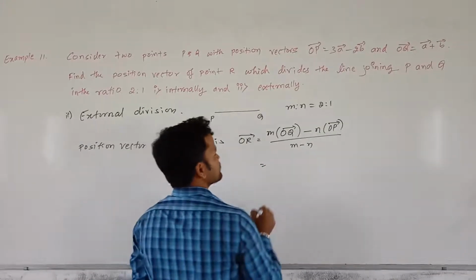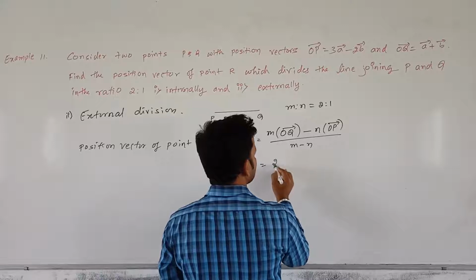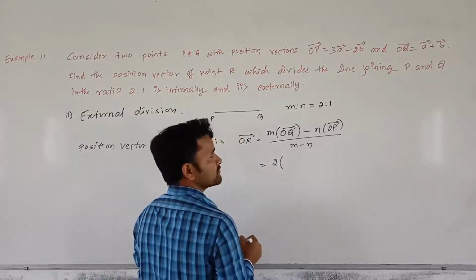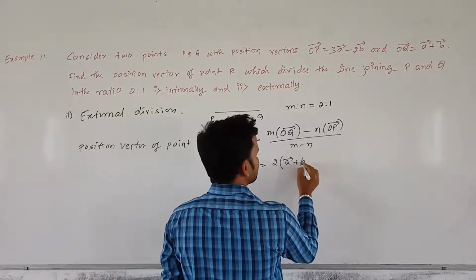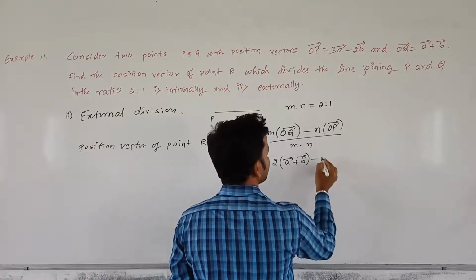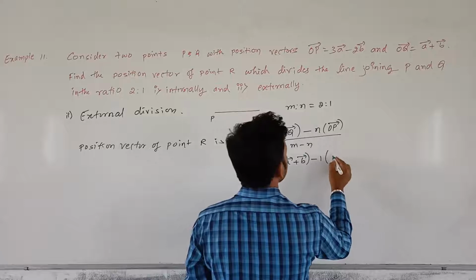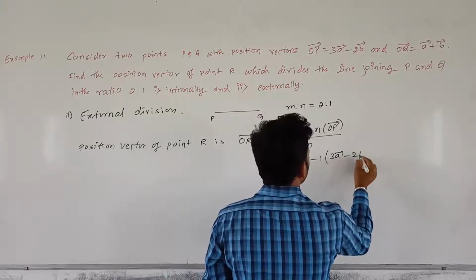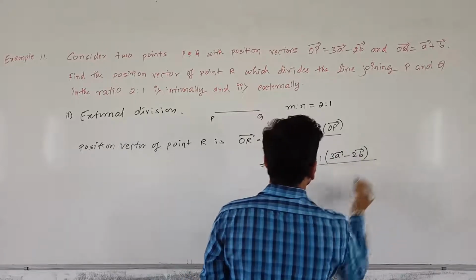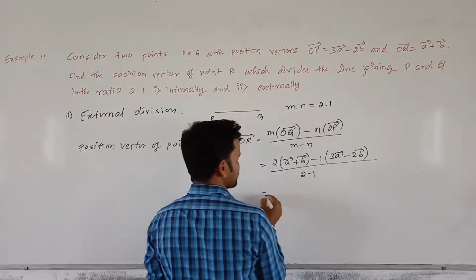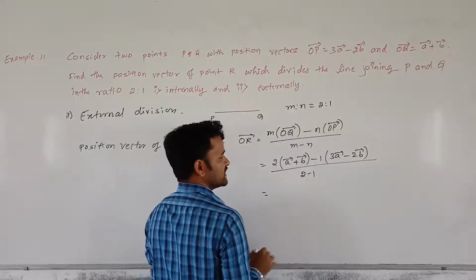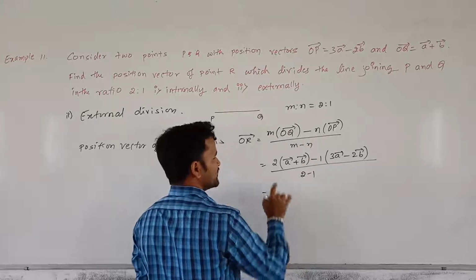Okay, now you substitute all this. m means 2 into position vector of second point, that is OQ, vector A plus vector B, minus n is 1 into OP, 3A minus 2B, all divided by m minus n means 2 minus 1. 2 minus 1 is 1, denominator part is 1, no need to worry.